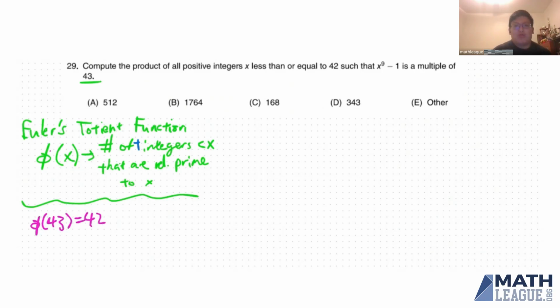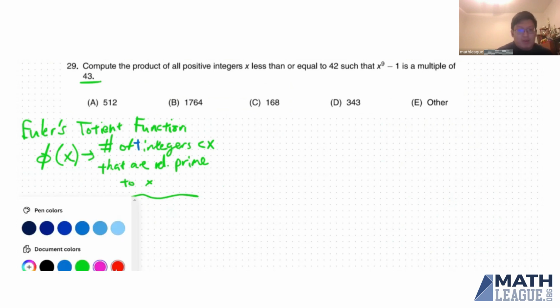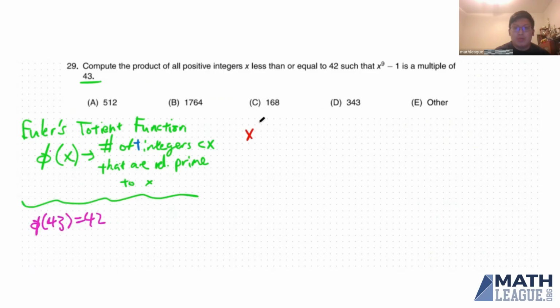This problem wants us to find all positive integers x between 1 and 42 inclusive, such that x to the ninth minus 1 is congruent to 0 mod 43. Or in other words, x to the ninth minus 1 leaves the same remainder as 0 when divided by 43.